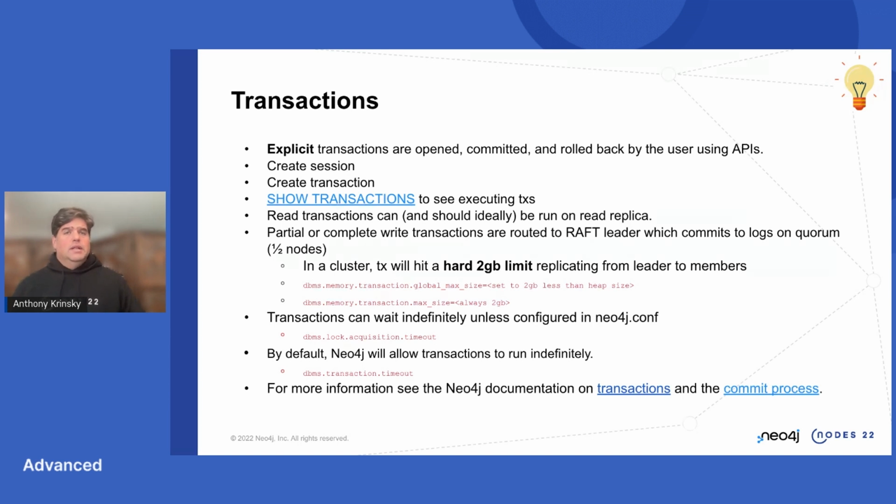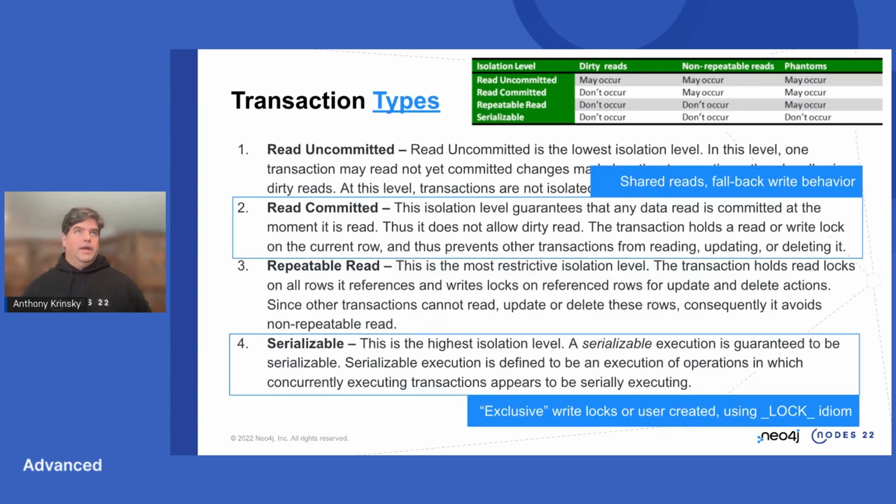As mentioned before, there is a bit of a limit for an individual transaction as you replicate it around the cluster. That accounts for some of the hard limits around batch size, good to keep in mind. Transactions will by default wait indefinitely, so you might want to set acquisition timeouts, and you can set global timeouts for the runtime of the transaction as well. Those things in red are configurations in the neo4j.conf, and I urge you to dig deeper into the documentation for more information about that.